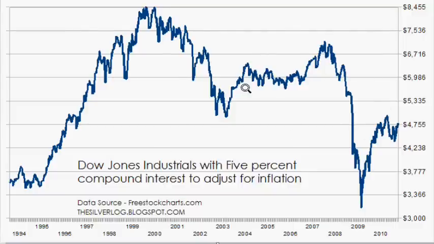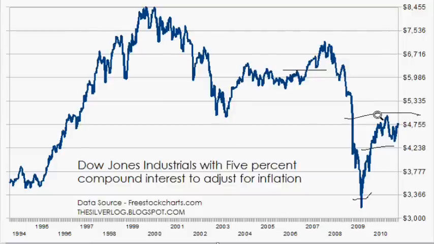We can see that as it's consolidated through time, the purchasing power of those who have invested in the Dow Jones has been reduced. If 5% is inflation and you can find a chart that would flatline within this, then you'd be stable. If you were increasing on a chart like this, then you would be making a proper investment.